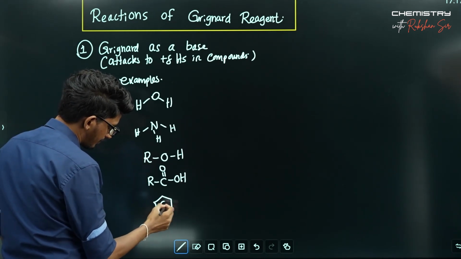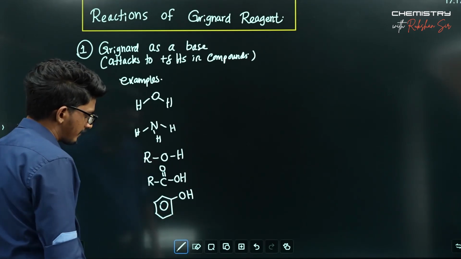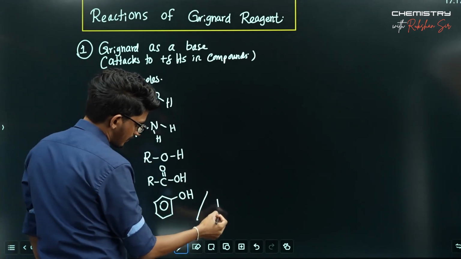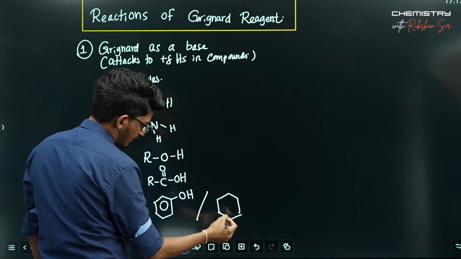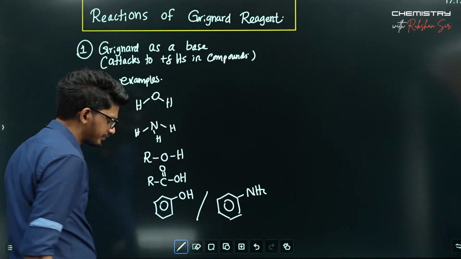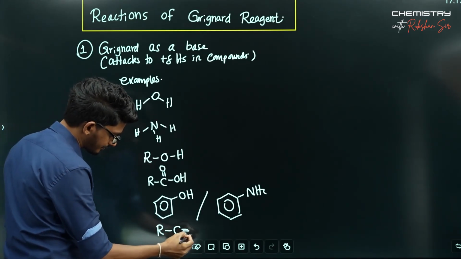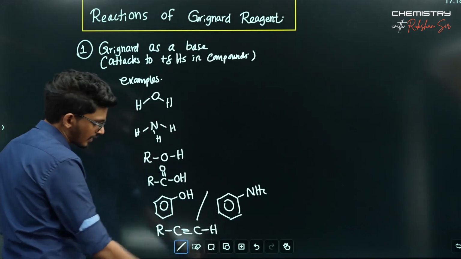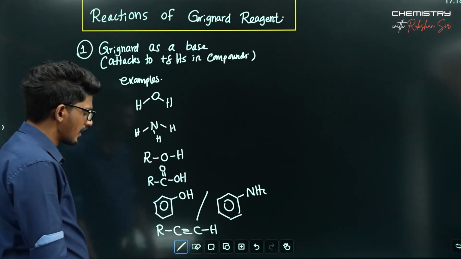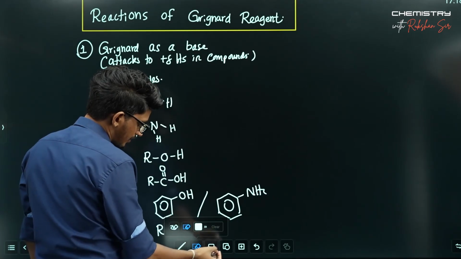The phenols, even the aniline, and terminal alkynes. Actually, all of these compounds have delta positive hydrogens, right?